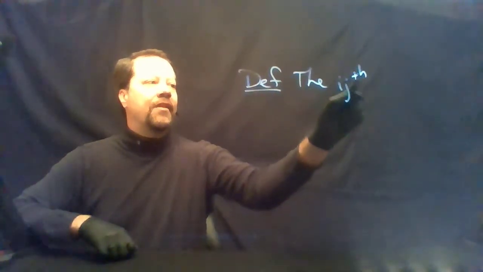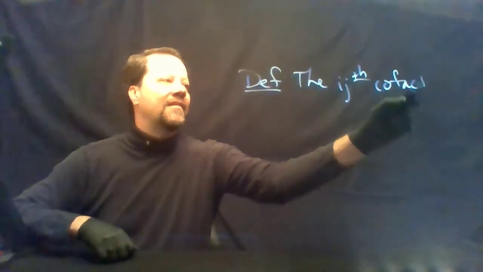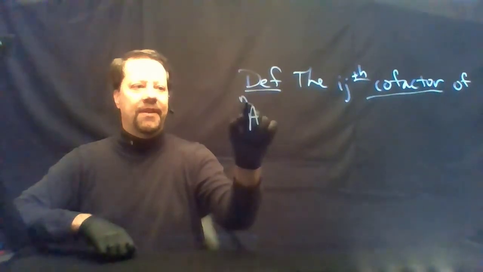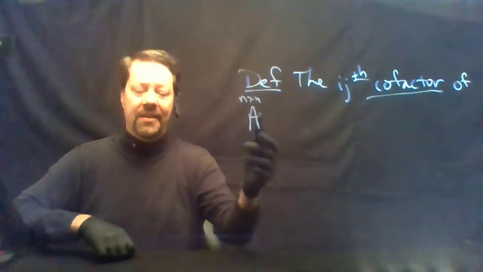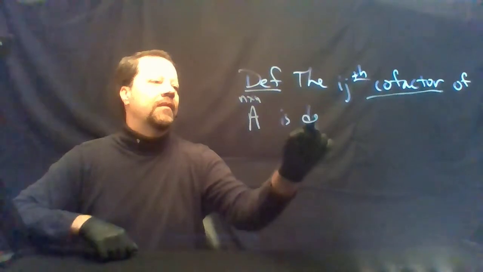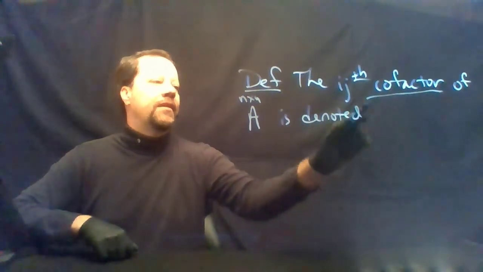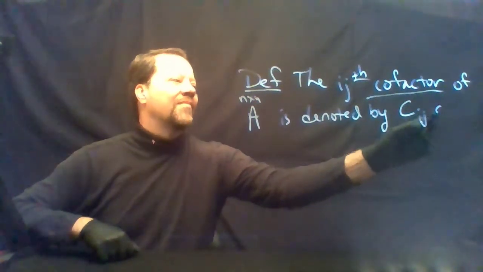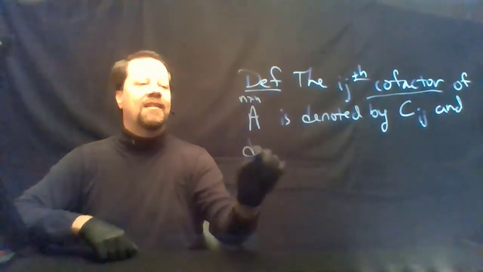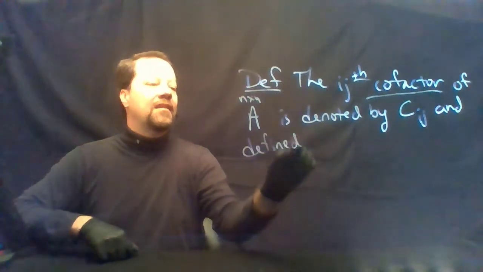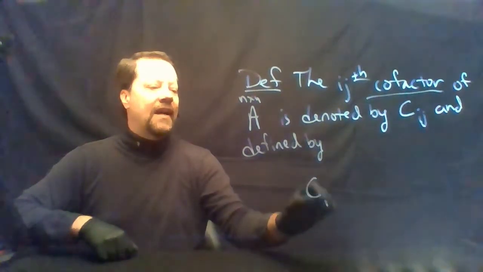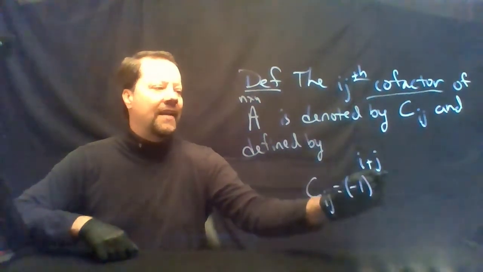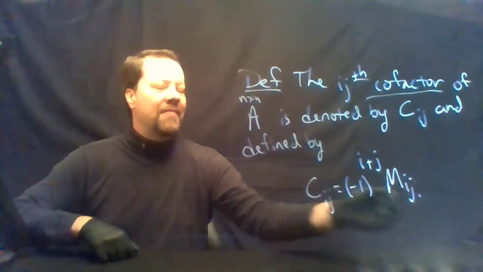The ijth cofactor of A, which we're assuming is n by n, it's a square matrix, is denoted by Cij for cofactor and defined by Cij is negative 1 to the power i plus j times Mij.